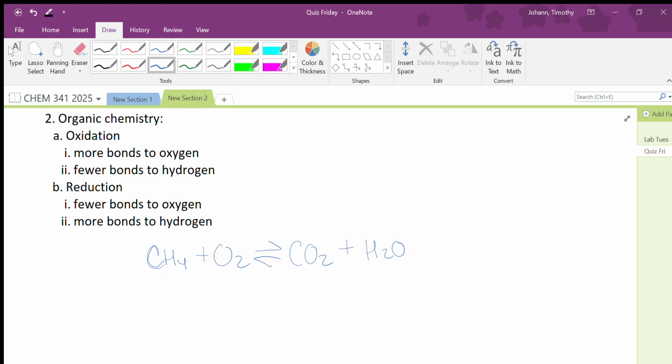What's happening to these carbons as I go from the left to the right? They're being oxidized. We have more bonds to oxygen and fewer bonds to hydrogen. So let's make oxidation red. I'll just do an ox. So if carbon's being oxidized, something must be getting reduced. What's getting reduced? Oxygen, right. Which I don't know if in organic they talk about that in that manner, but this is a reduction right here.